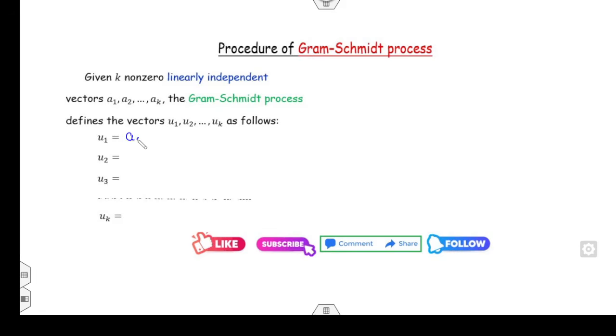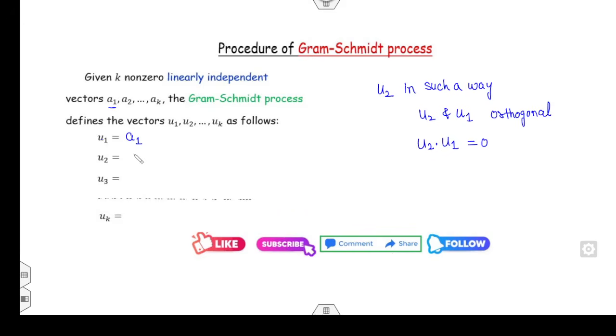The first vector is the same, u1 is a1. Now you have to choose u2 such that u2 and u1 are orthogonal. The meaning of orthogonal is that u2 dot u1 must be 0.